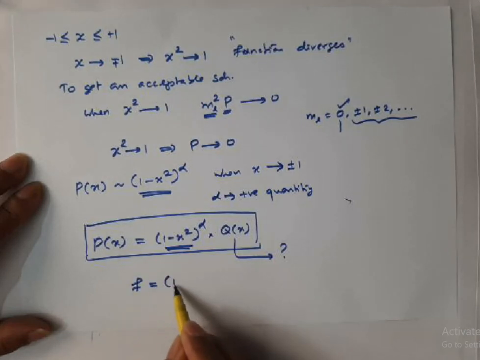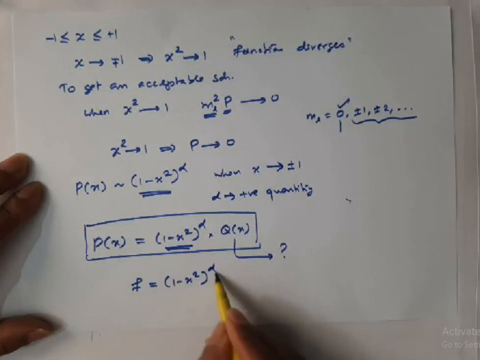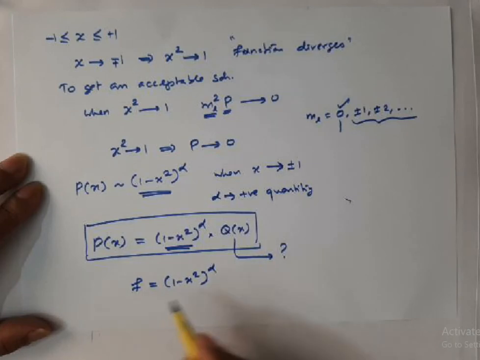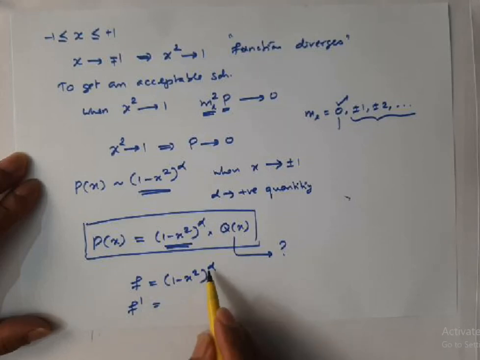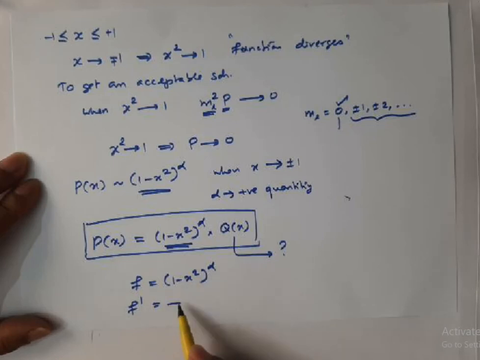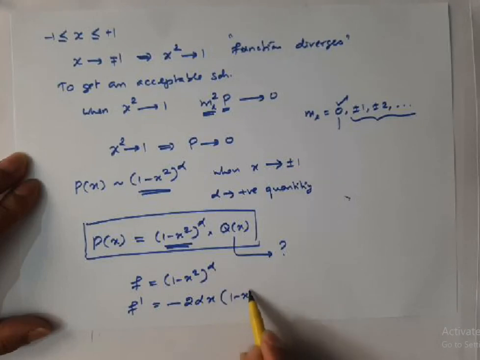f is equal to (1 minus x square) to the power alpha. And I'll do some algebra here. If I differentiate this once, I'll get alpha into (1 minus x square) to the power alpha minus 1, and the differentiation of 1 minus x square will give minus 2x. So you'll get minus 2 alpha x into (1 minus x square) to the power alpha minus 1.